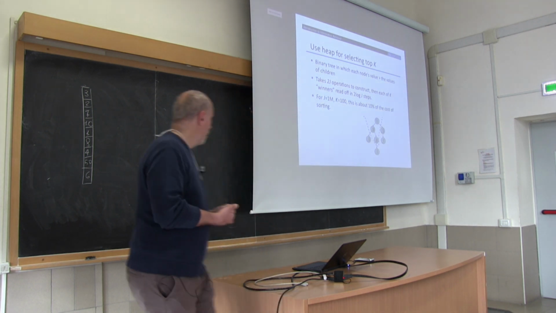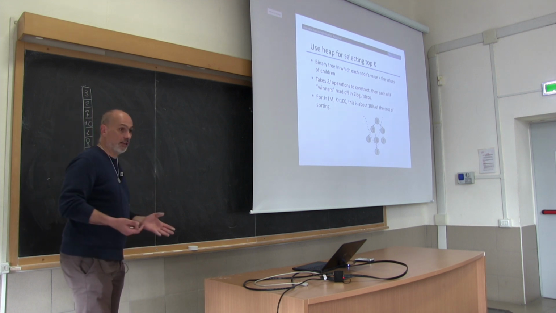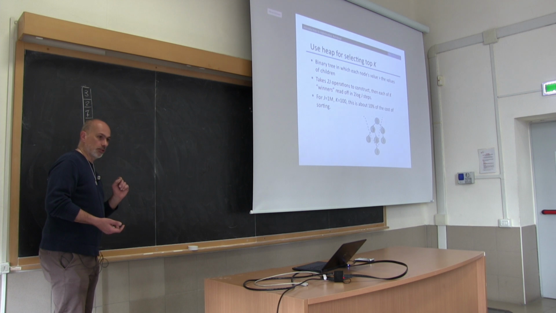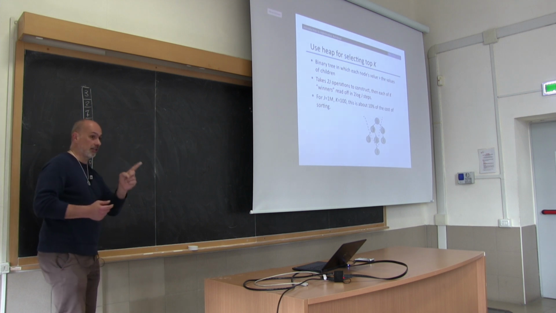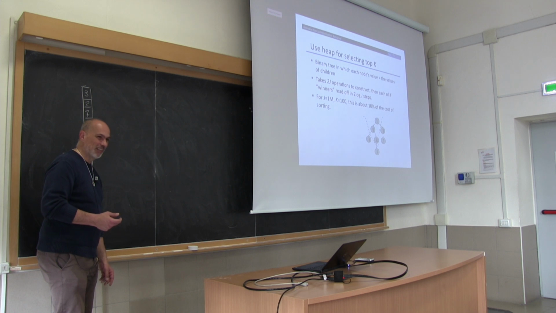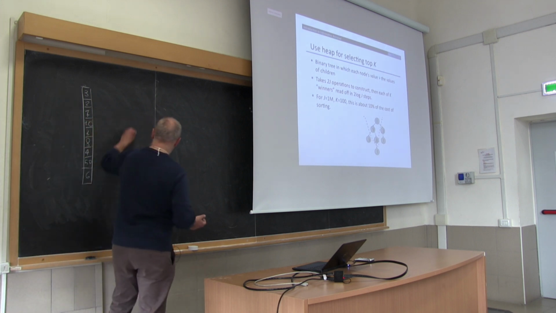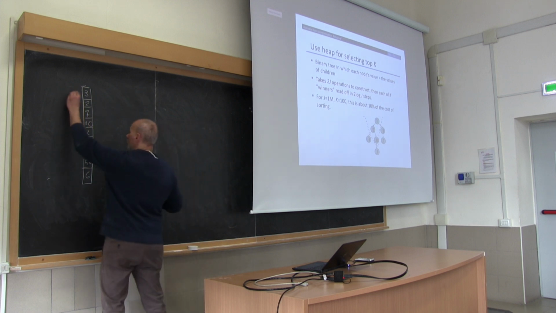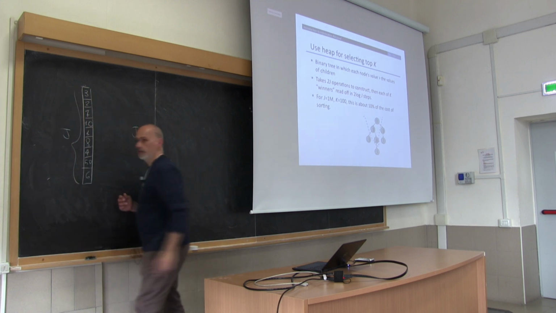Let's assume they are J. What is the advantage with respect to sorting? If you have a heap, you can heapify an array in linear time. That's the trick. You remember this? So to heapify an array, you pay J, where J is the size of the array.